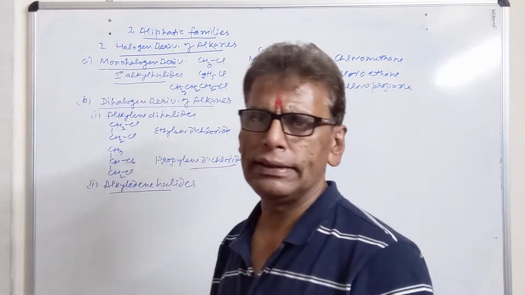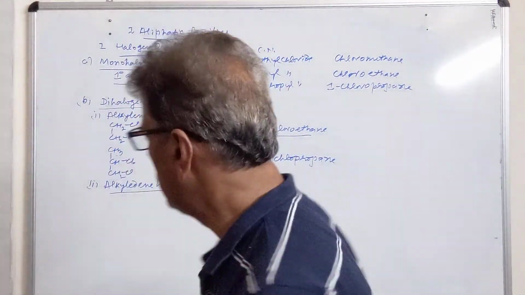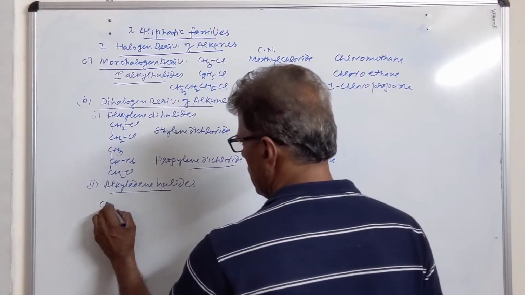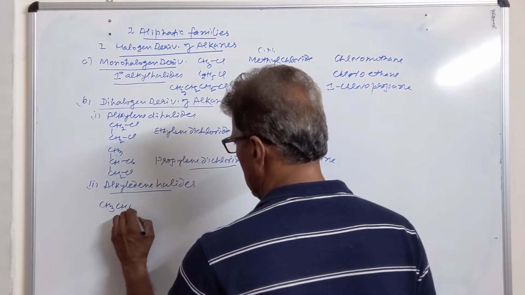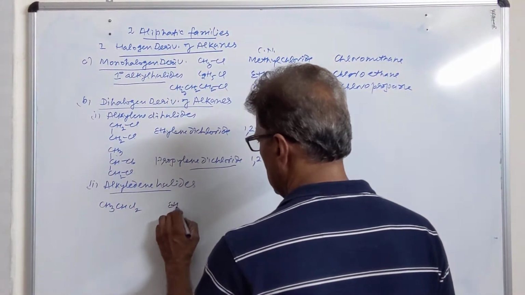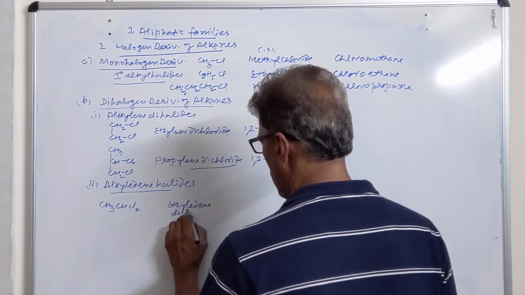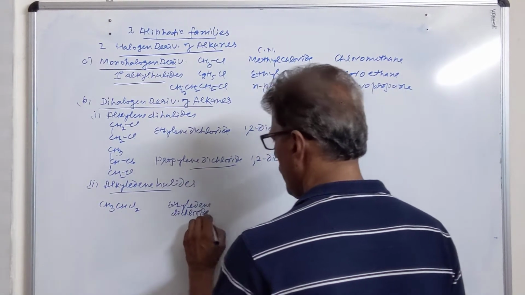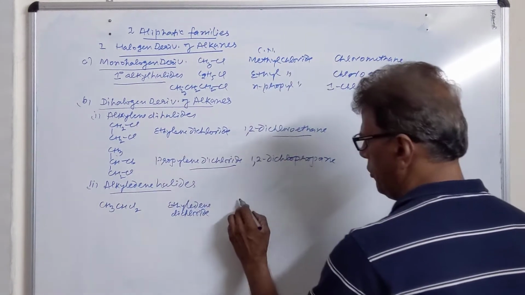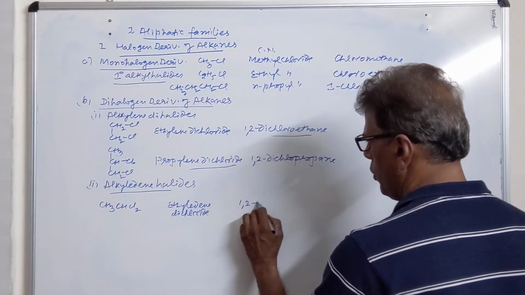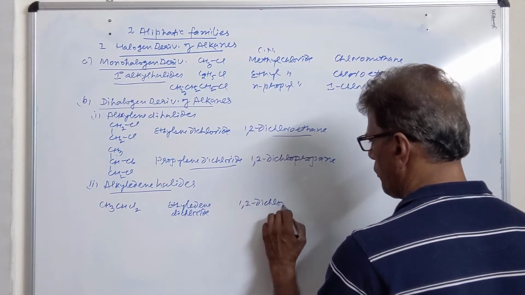The 'idene' shows that the same carbon contains both halogens. So the first system is CH3CHCl2. This is ethylidene dichloride. IUPAC name is 1,1-dichloroethane.